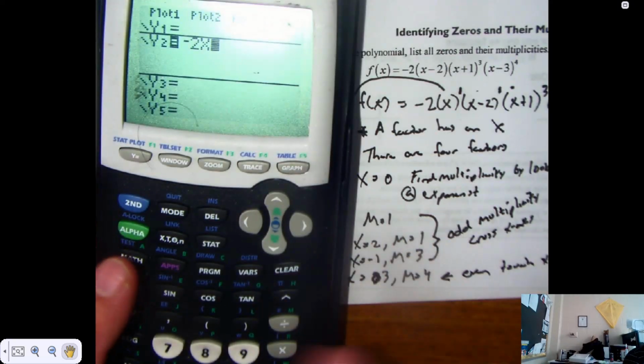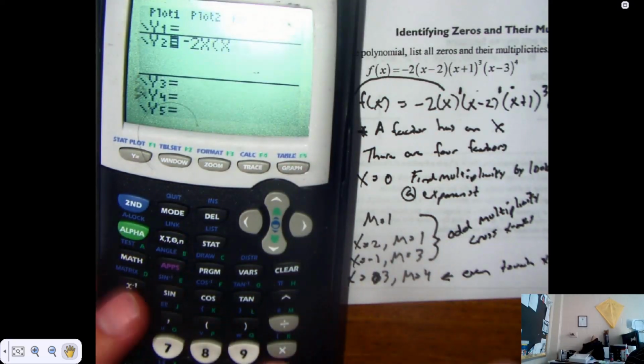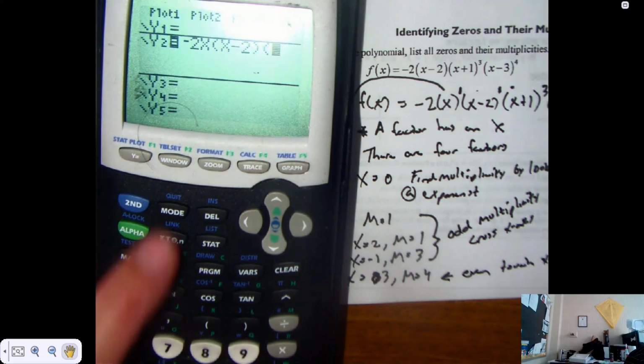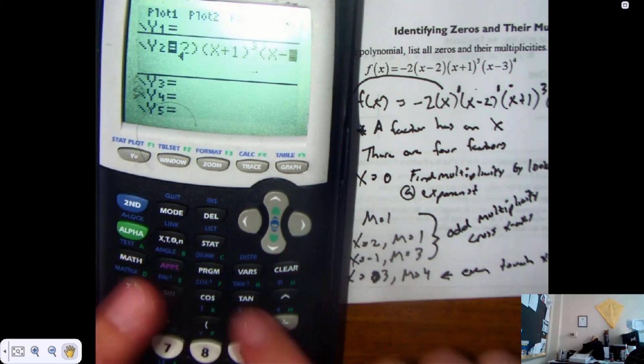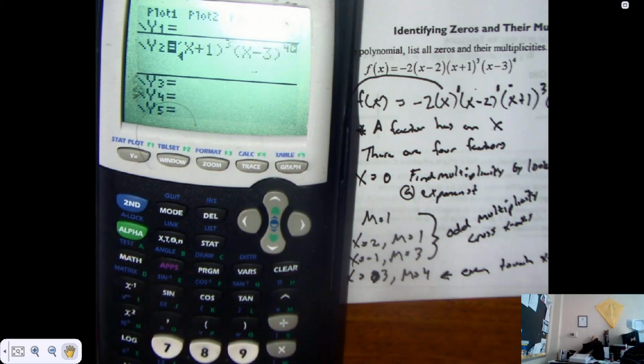It doesn't have to be in a set of parentheses. Why I put it in Y2, I couldn't tell you. I don't really care. Doesn't matter. That's just where my cursor was. Ain't nobody got time to press the up arrow.